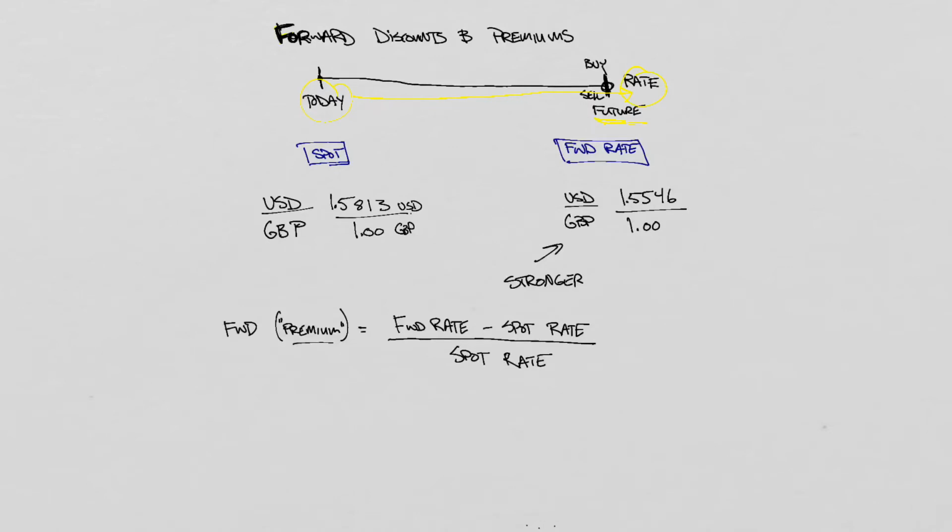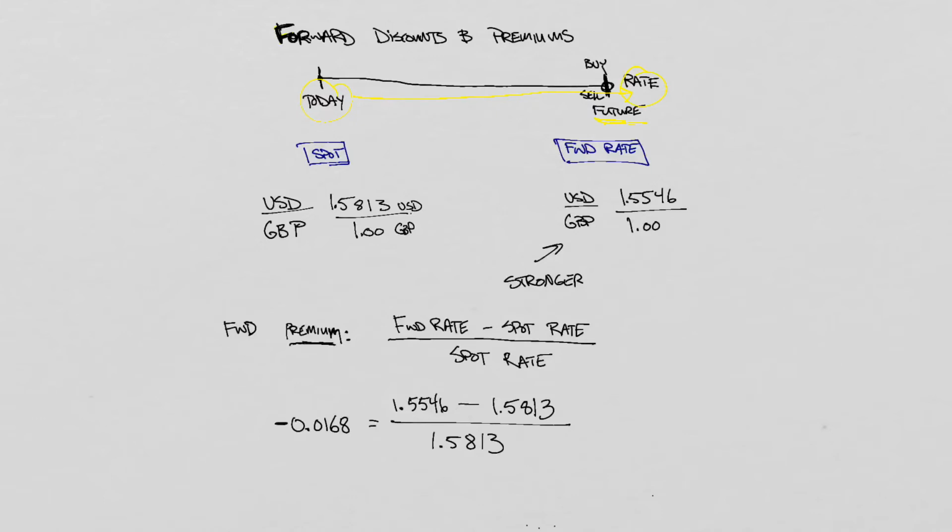In this case, we know it's a premium. It could be a discount, depending on what the numbers are. And so that gives us minus 0.0168.